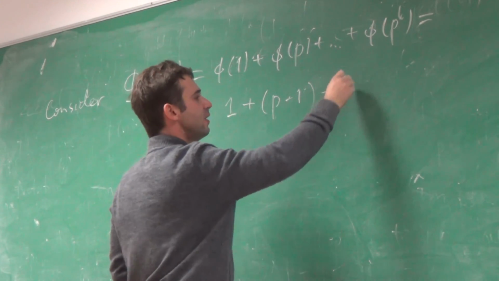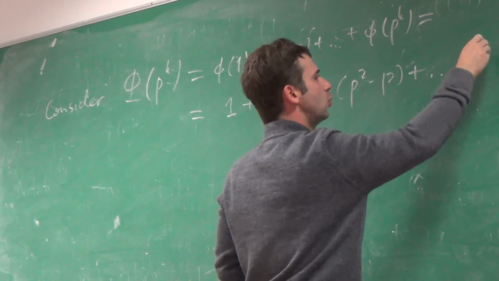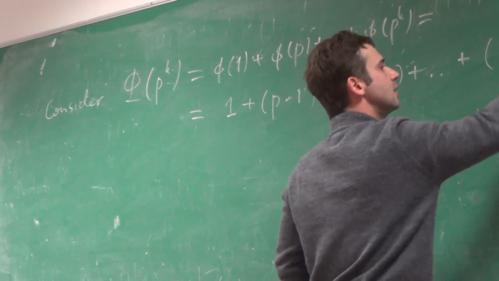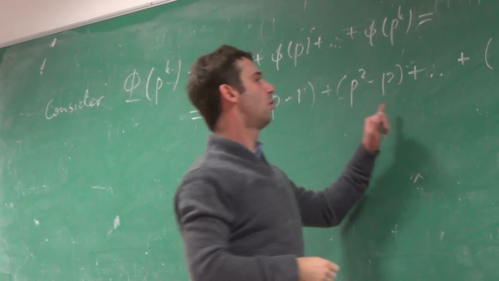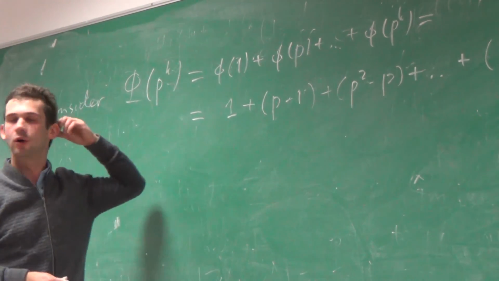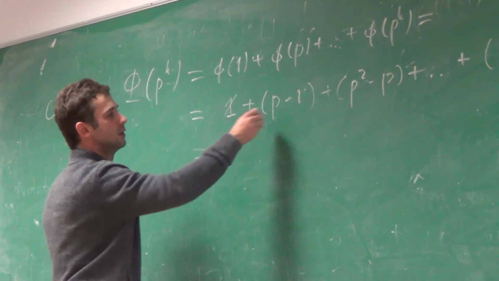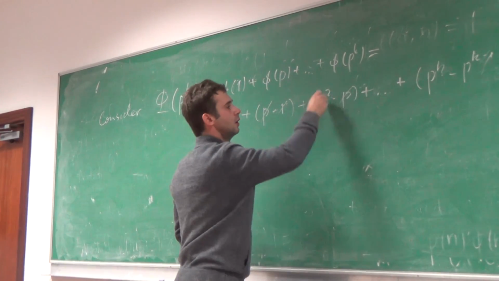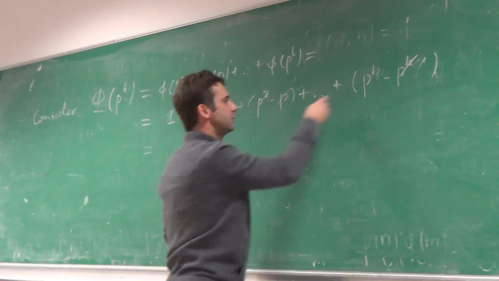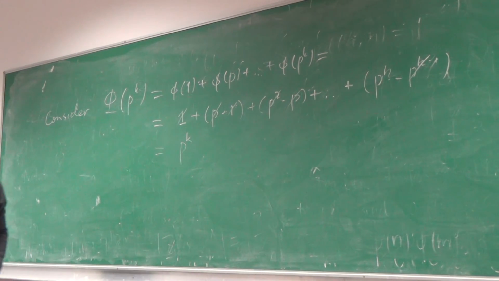Now the next one is phi of p squared. It's p squared minus p. All the way up to the last one, so here we use the formula for phi of prime powers, which we did some time ago. So we know all these guys, and this is a nice telescoping series, so everything cancels out except for the top power, p to the k. Yeah?